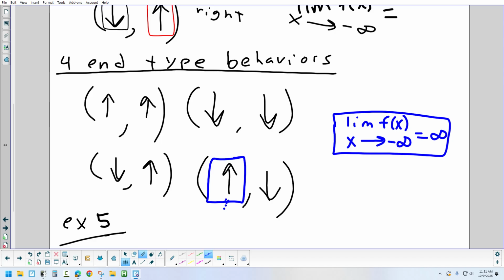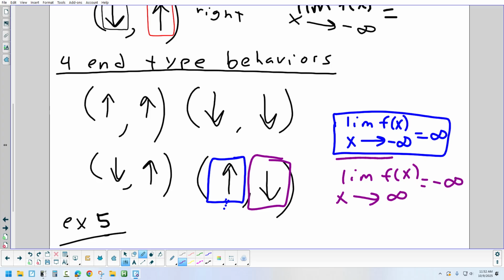The way you pronounce that is the limit of f of x as x approaches negative infinity is infinity. And this one, I could describe pretty similarly, but I have to change one thing. The limit of f of x as x approaches infinity is negative infinity. That's how you would describe this arrow on the right.